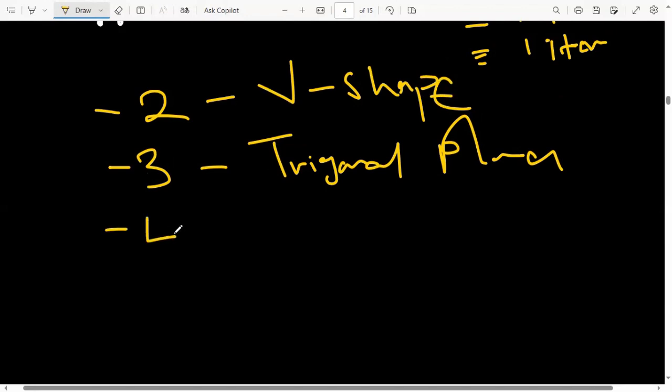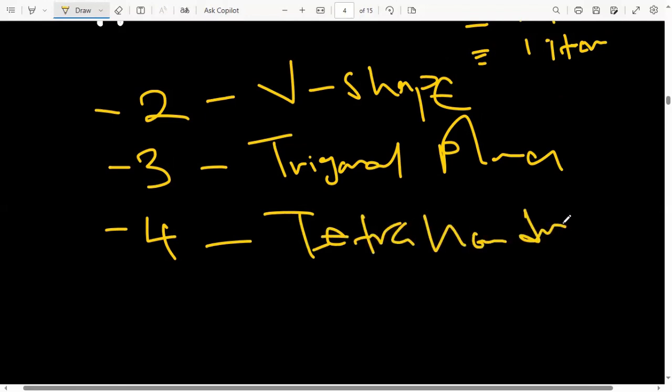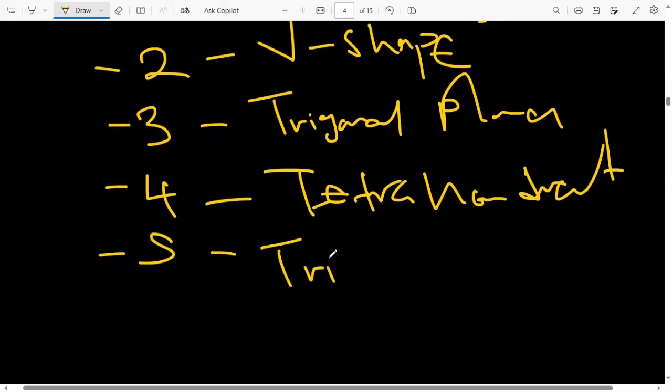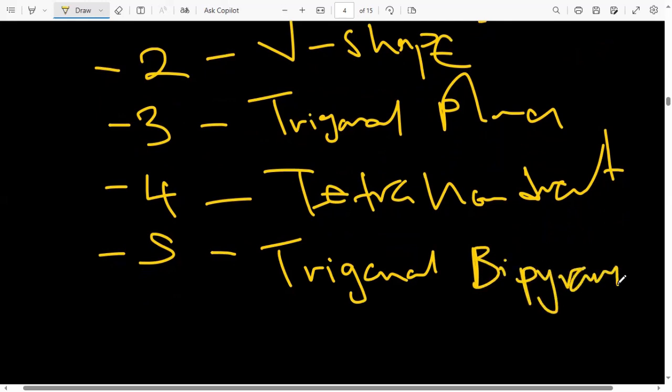And then if I have 4, we say it's what? Tetrahedral. I don't know if you learned what 5 is. It will become trigonal bipyramidal. So if you have 5 attached, we are going to have trigonal bipyramidal. And then it continues just like that.